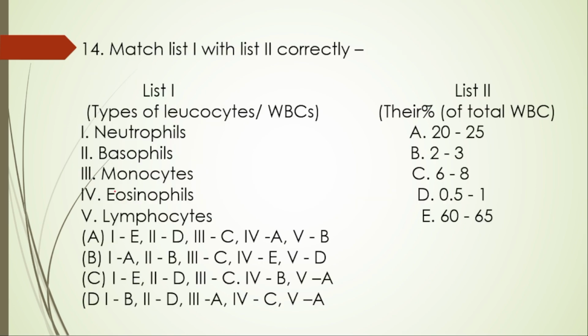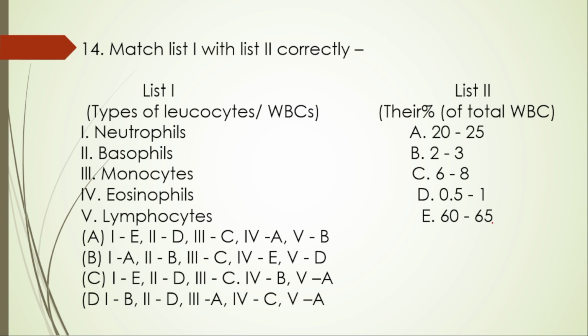Next question, that is match the following type of question. List 1 is given, that is types of leukocytes, that is WBC, and their percentage. Here neutrophils are the most abundant WBC. Among them, which one is high?